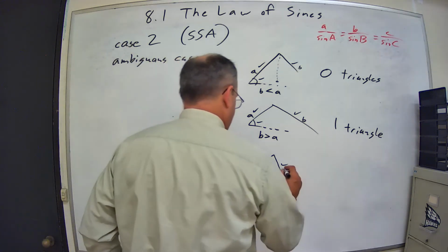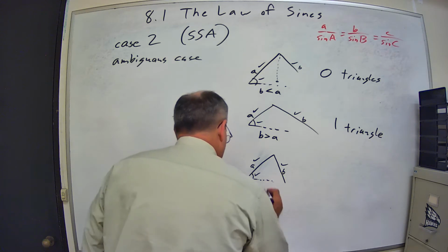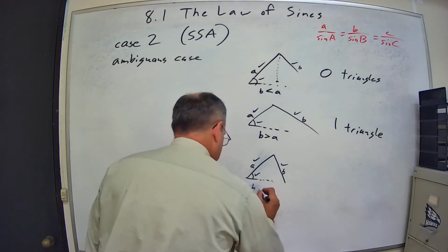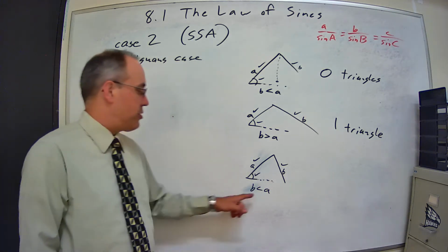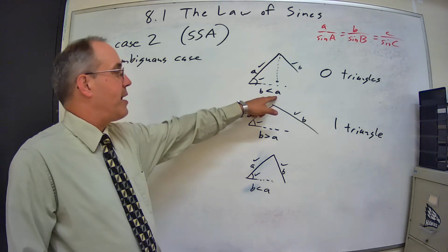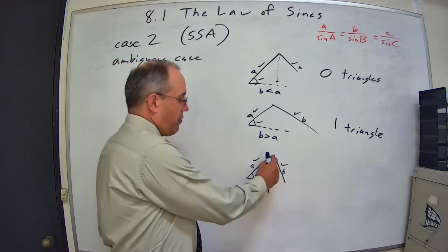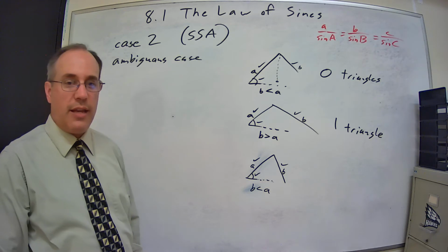We call this A and that's B. So B is less than A. So if B is less than A, again, that's where we ran into this, but this time B is long enough that it does cross that other line.